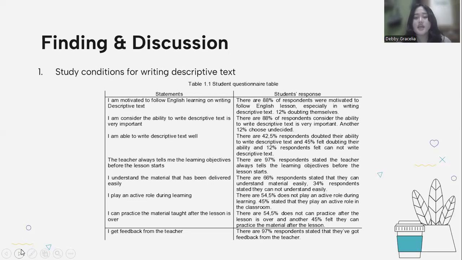And here there are 45.5% who do not play an active role during learning, and 45% stated that they play an active role in the classroom. So in that classroom, not all students play an active role during the learning.